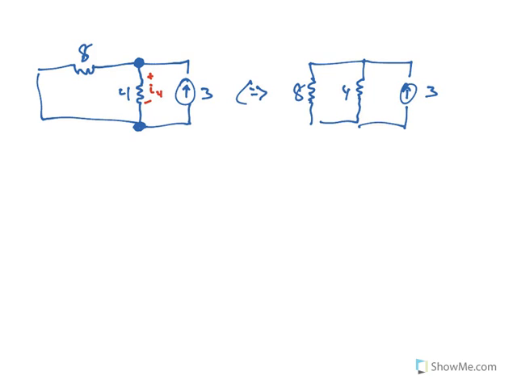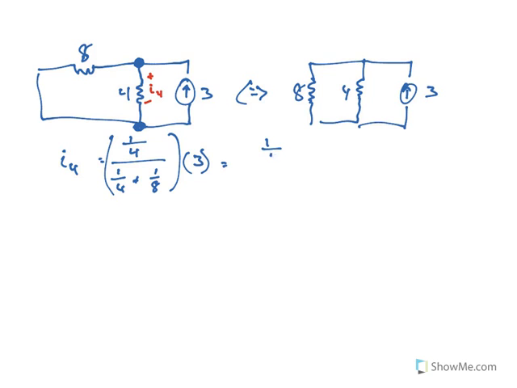So I've got resistors in parallel. I'm looking for a current on one of the branches. That tells me I could use a current divider type technique. And so I say, okay, if I want I on 4, then I take 1 over the 4 ohm resistor and divide it by 1 over 4 plus 1 over 8. And I take all of that and I multiply it by the total current in the circuit.